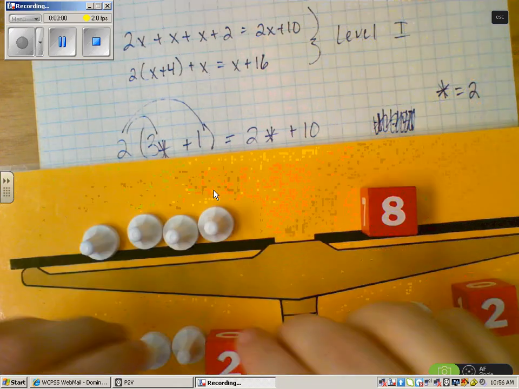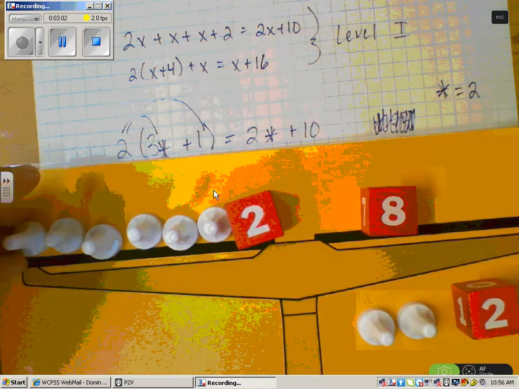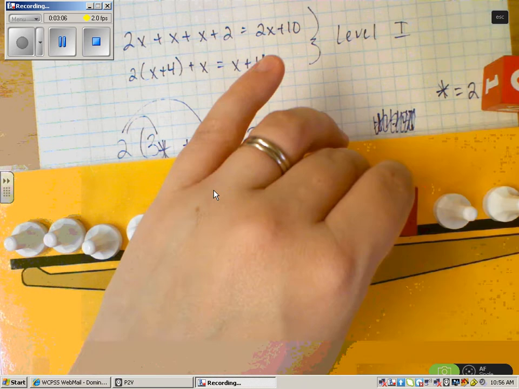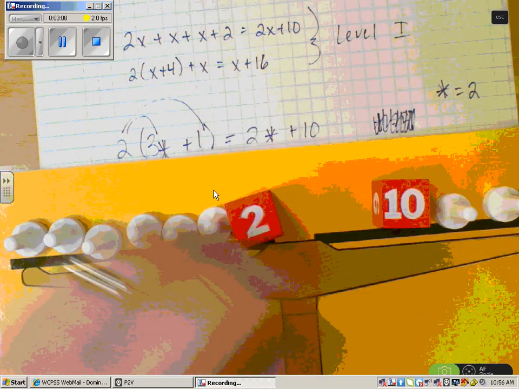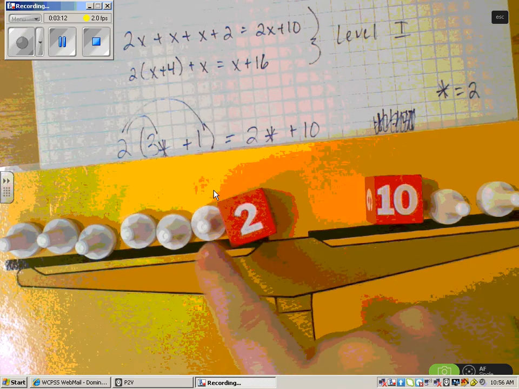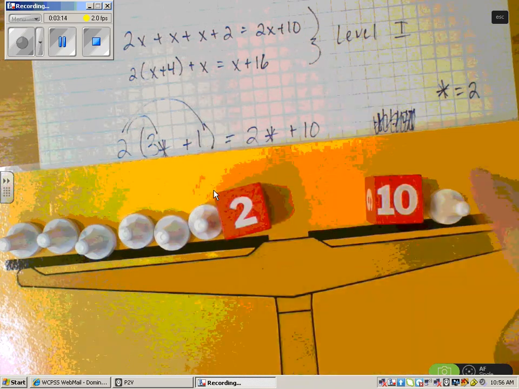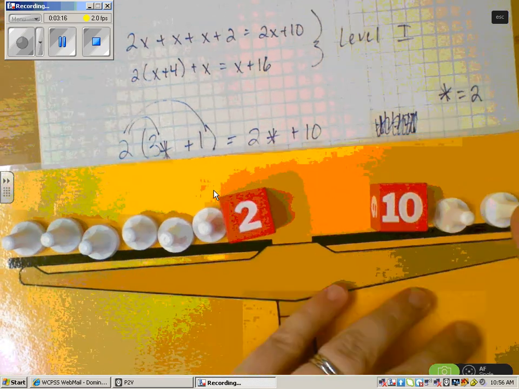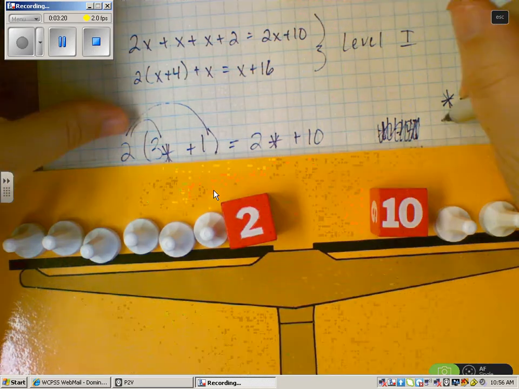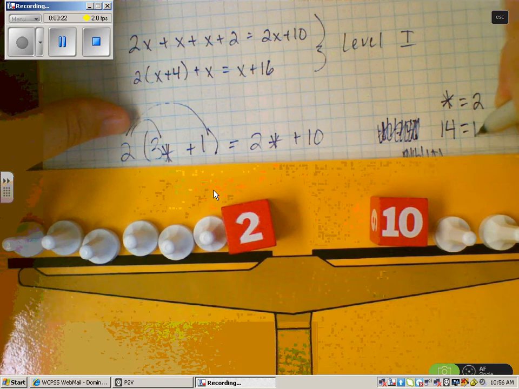Then when I put all of my manipulatives back on my scale, this now becomes a 10. I can plug in 2. So 2 times 6 is 12, plus 2 is 14. 2 times 2 is 4, plus 10 is 14. So when I check that, yes, 14 equals 14.